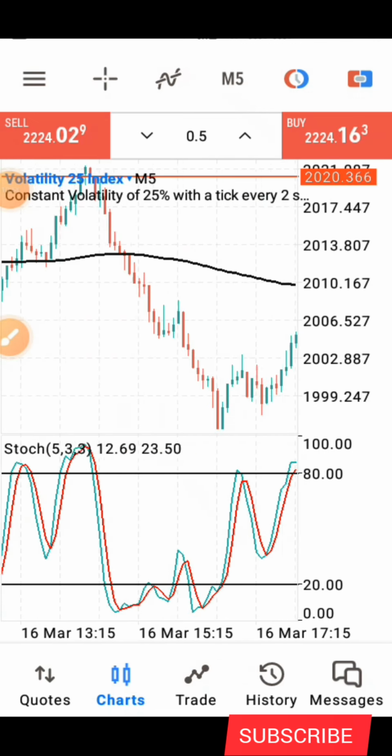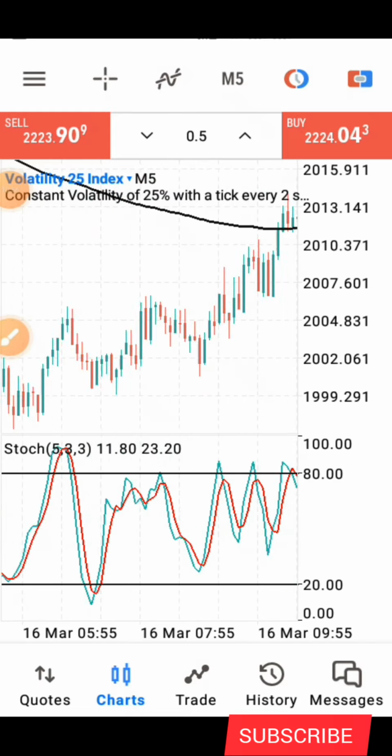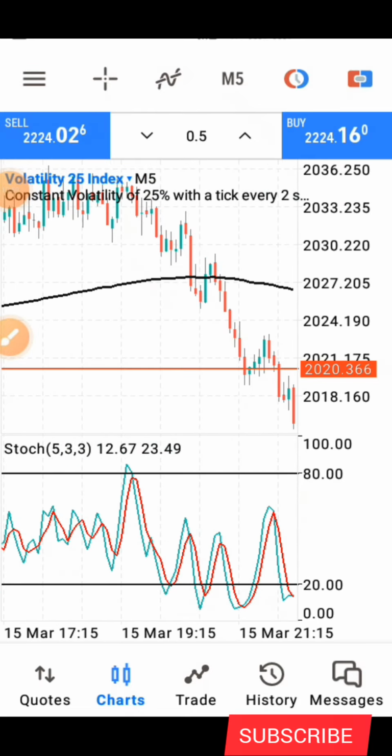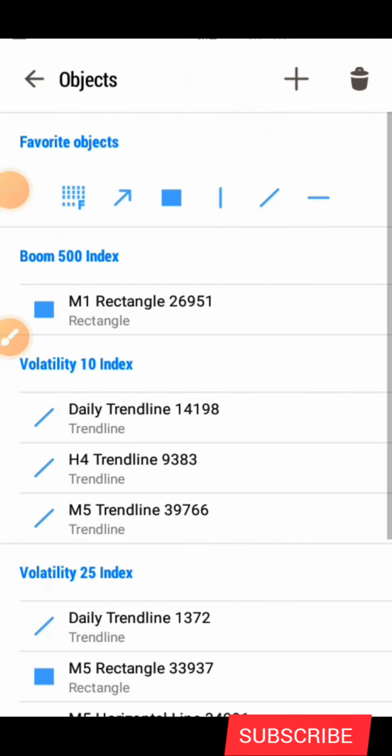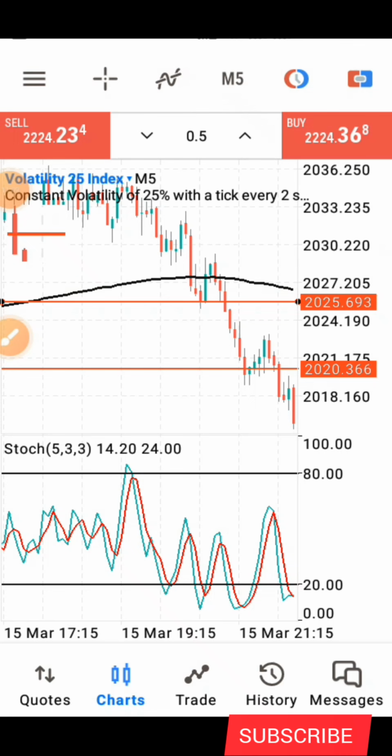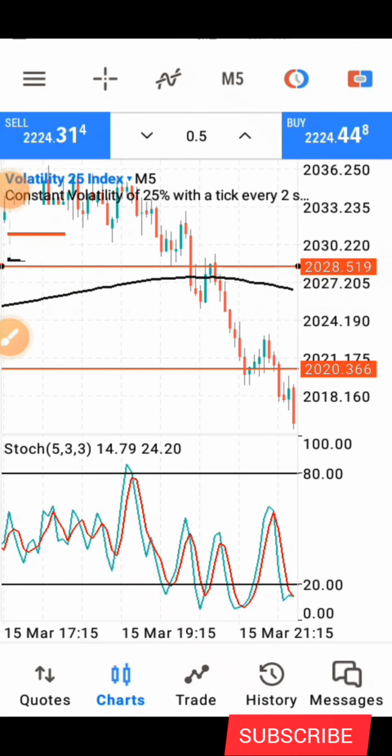You are going to aim for the most recent structure. All right, so you have to either check the higher time frame, or you scroll back and you can find it around this area. So this is the most recent structure, this one right here. All right, so you are going to aim for that area.